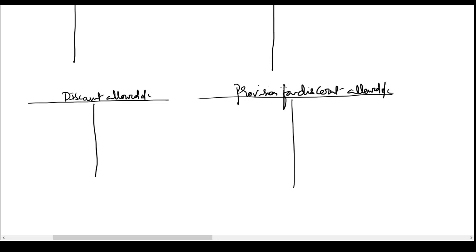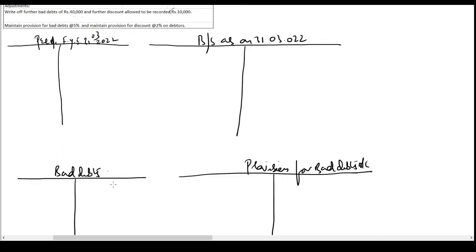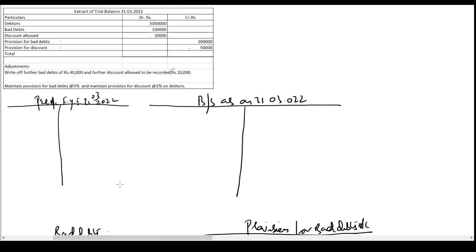So we have opened the necessary accounts: bad debts account, provision for bad debts account, discount allowed account, provision for discount allowed account. Let us now take down the balances.